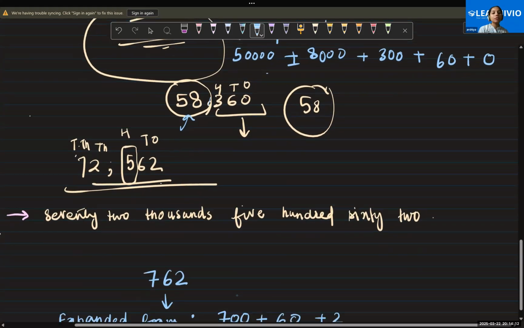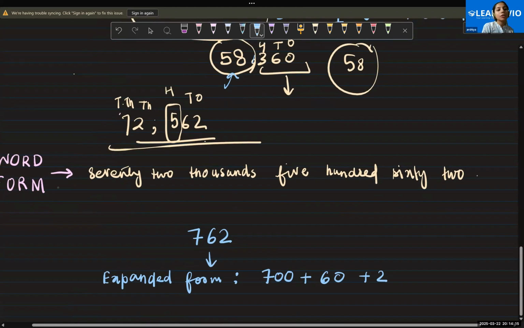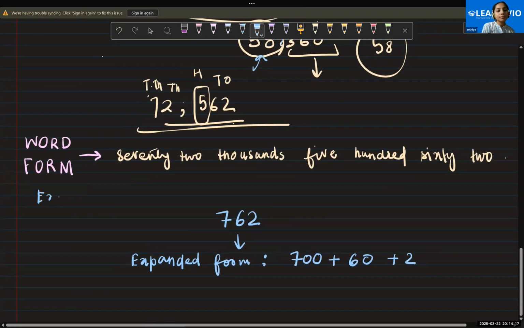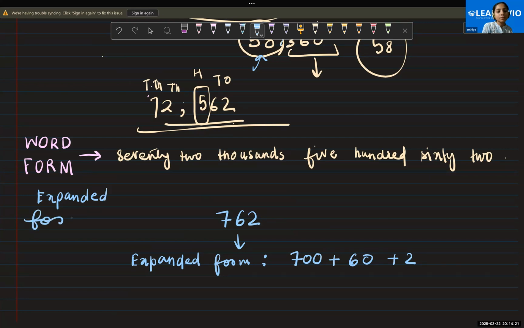Can you tell the expanded form for this one? For 72,562. Yes, for that one. What's the place value of 7? 70,000.